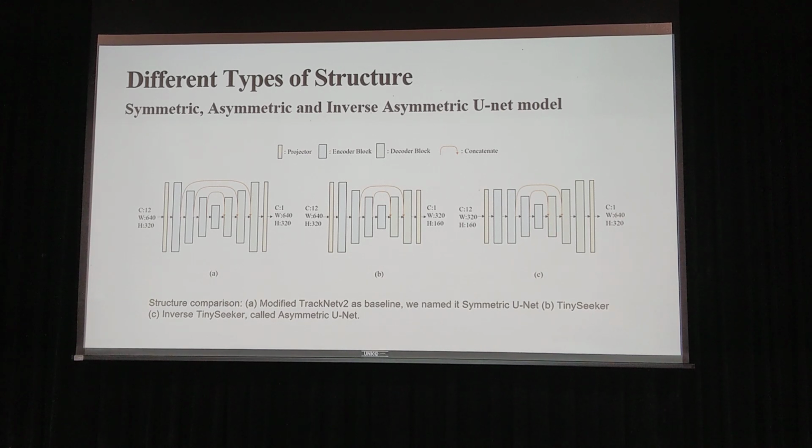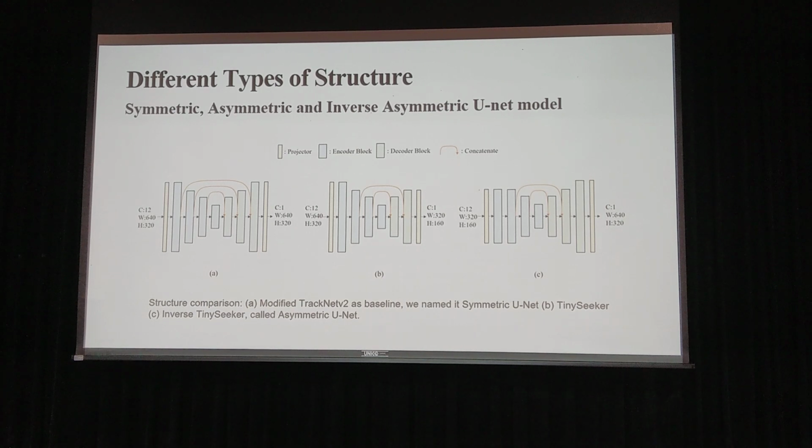Figure A showcases the symmetric UNet model, which takes 4 consecutive color image frames as input and produces an output heat map of the same width and height as the input. The heat map has a feature dimension of 1, and the model output values are transformed to fall within the range of 0 to 1 using a sigmoid activation function.